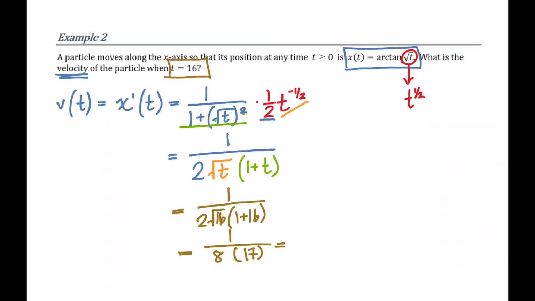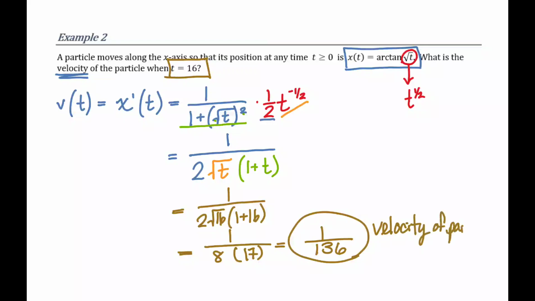So overall, we're getting 1 over 136. And that would be the velocity of the particle at t equals 16. There we go. So that's it for that one. And that's our final example for today.